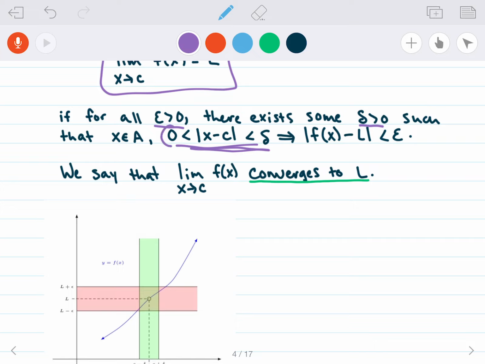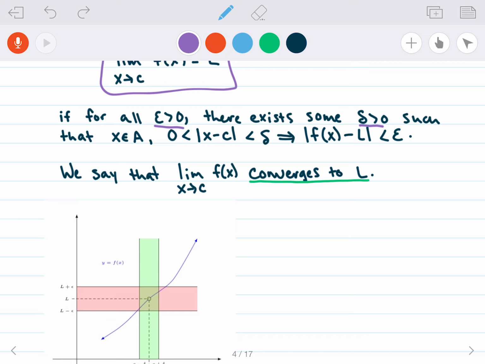Okay, notice that we have a greater than 0 and not a greater than or equal to 0, because if we have greater than or equal to 0, that implies that x equals c, and we don't care about what happens when x equals c. We only care about what happens around x equals c.